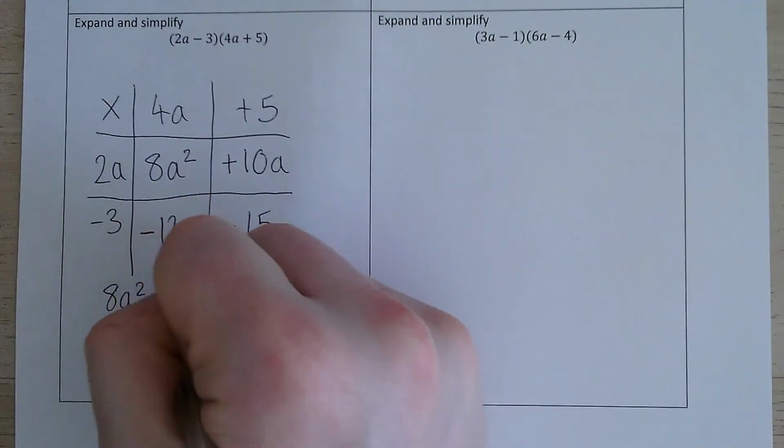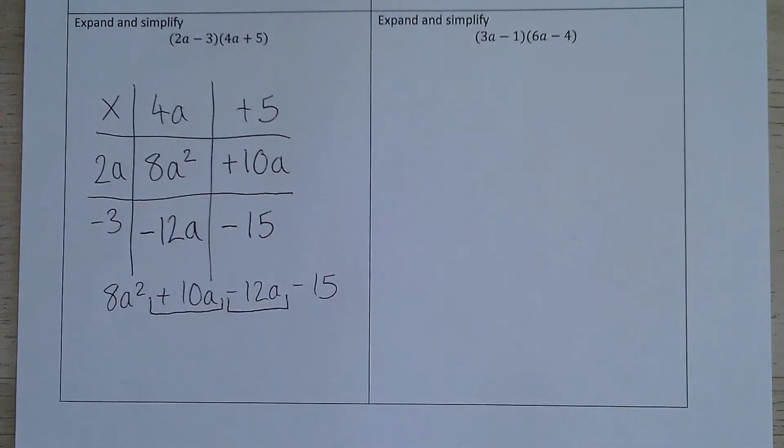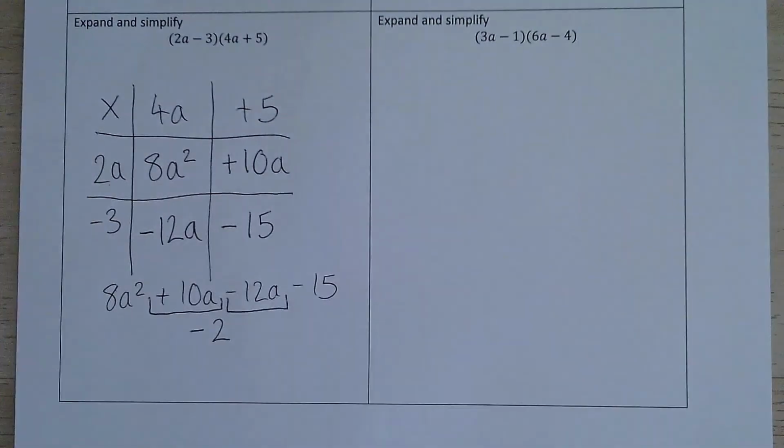Again, it's these two terms here. We have positive 10a take away 12a. Here again, if I was unsure, I would write out a method in order to do plus 10 take away 12. Because I'm doing a smaller number take away a larger number, my value will end up in the negatives. 10 take away 12 is minus 2.